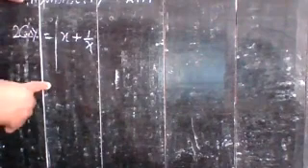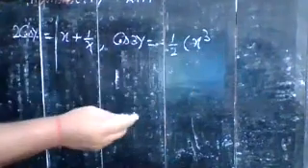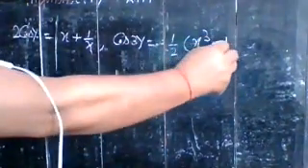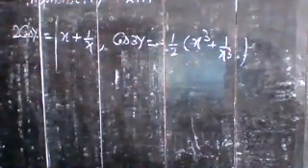If 2 cos y is equal to x plus 1 upon x, then prove that cos 3y is equal to 1 upon 2 into x cube plus 1 by x cube. You have to prove this result.